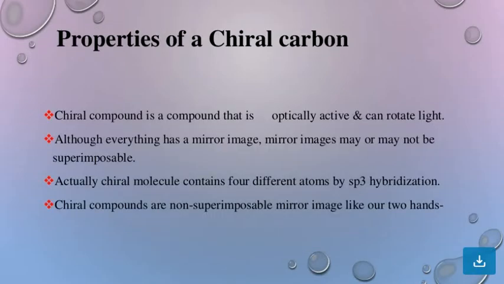Now, properties of chiral carbon. A chiral compound is a compound that is optically active and can rotate light. Everything has a mirror image, which may or may not be superimposable. Actually, a chiral molecule contains 4 different atoms with sp3 hybridization. Chiral compounds are non-superimposable mirror images, like our 2 hands.